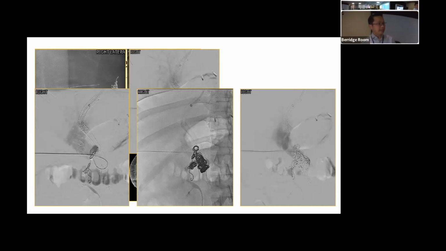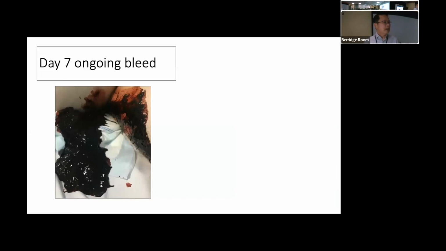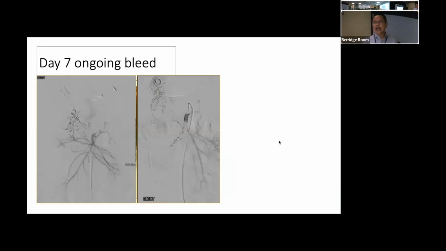But we want to retain the flow into the liver. Otherwise, you have no blood supply to the liver. What we want to do is to reduce the impact of the paraduodenal variceal bleed for that particular patient. He did have some response for 24 hours, but then had a massive ongoing bleed, which was very substantial overnight. And unfortunately, this culminated in us having to embolize his SMA.